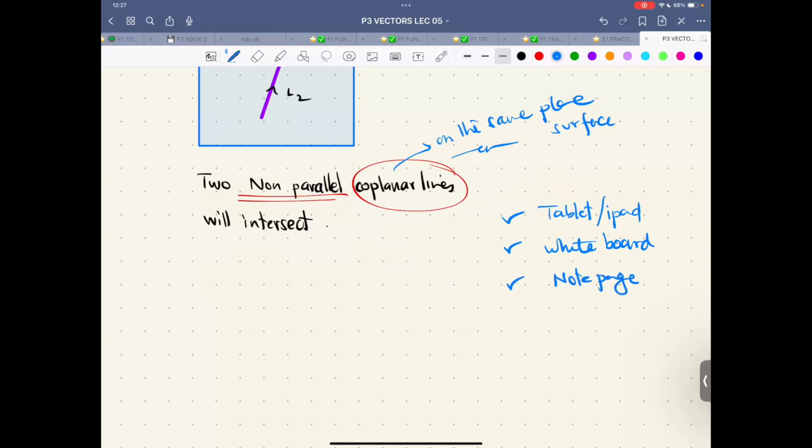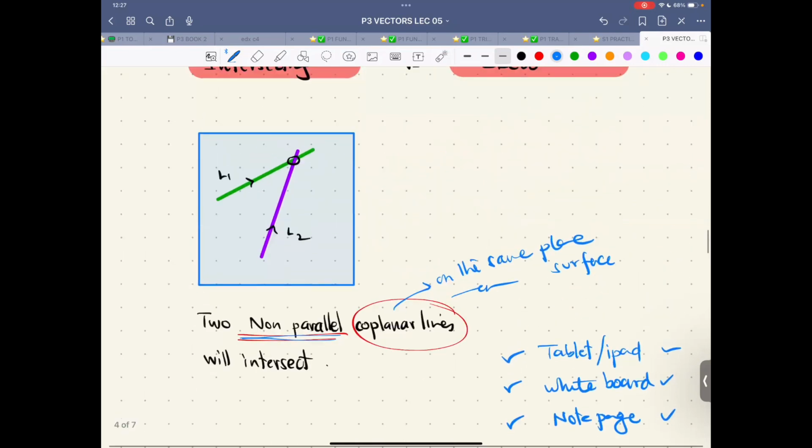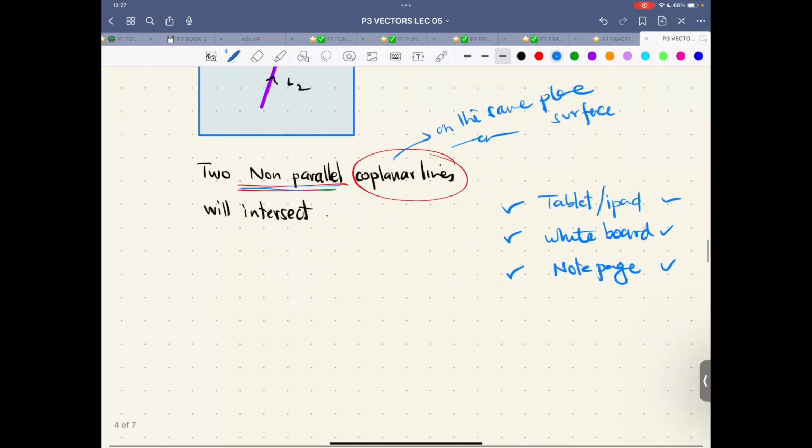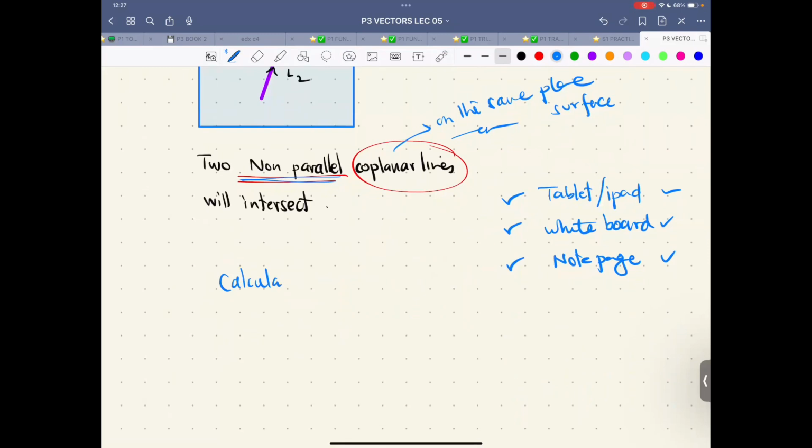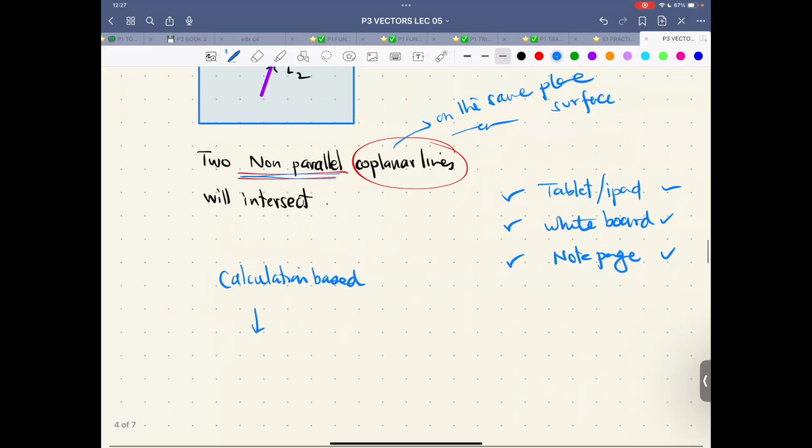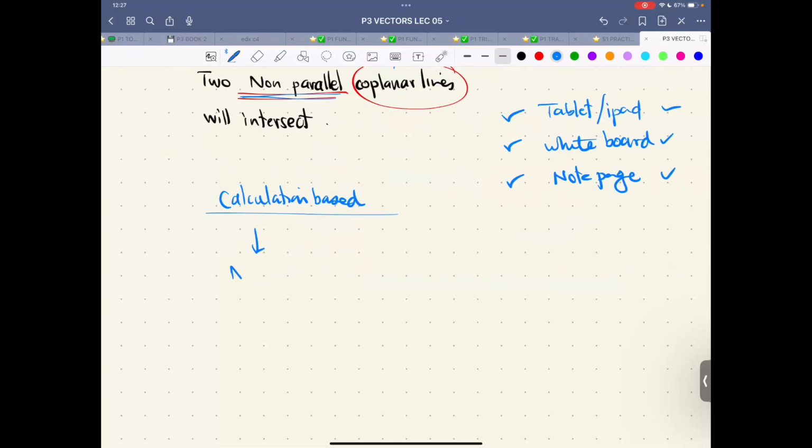So all these things are surfaces. If two lines are not parallel on the same surface, they will intersect. And there is a process of showing it. You have to show some calculation, which is coming up on the next page. It's not diagrammatically based, it's all calculation based.